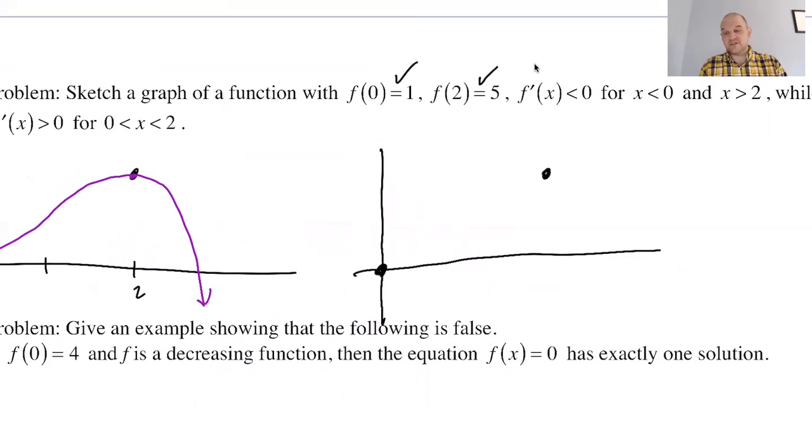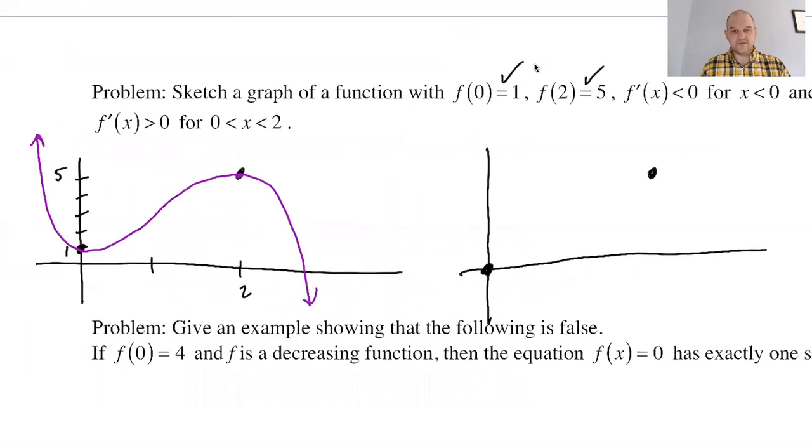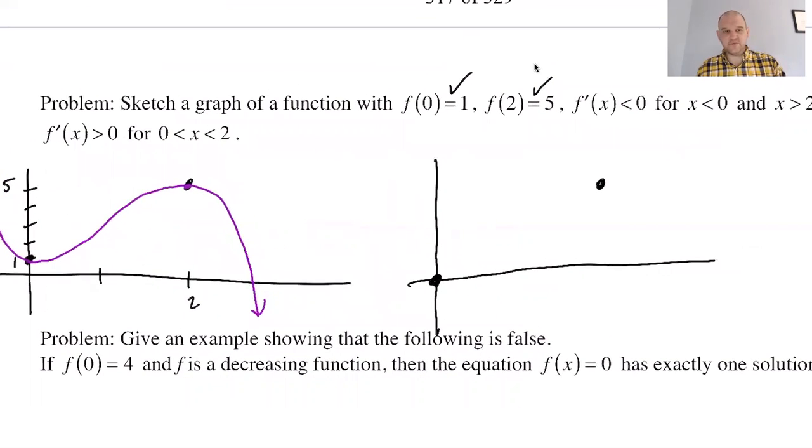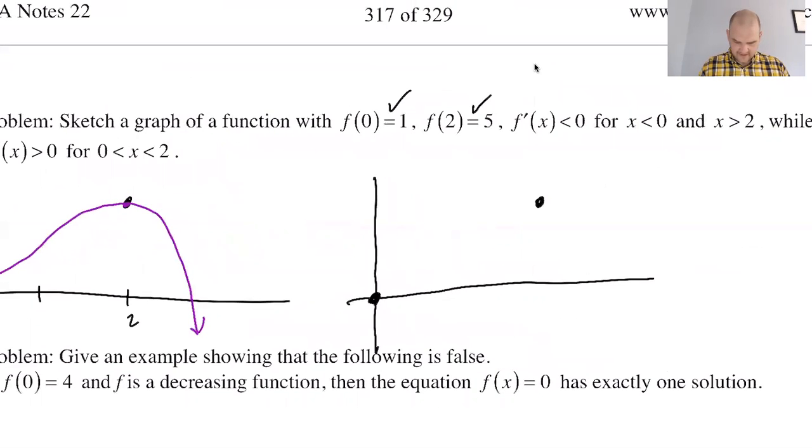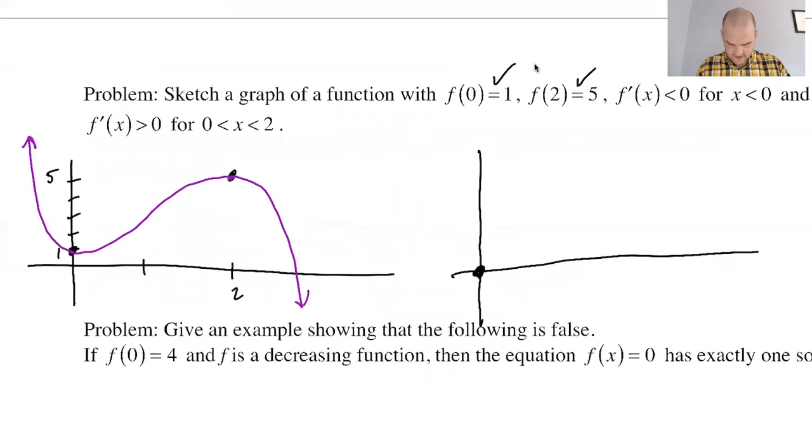I don't know if this function is nice and curvy. I don't know if it's differentiable at 0 and at 2. Also, that's the wrong point. Here and here. Now all those things I said still apply.